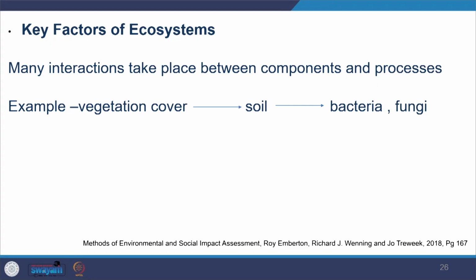Any kind of change can influence the way they interact, and then the total outcome might change. So, for example, a change in the vegetation cover can change the soil, and then the soil can further change the bacteria and fungi and so on.